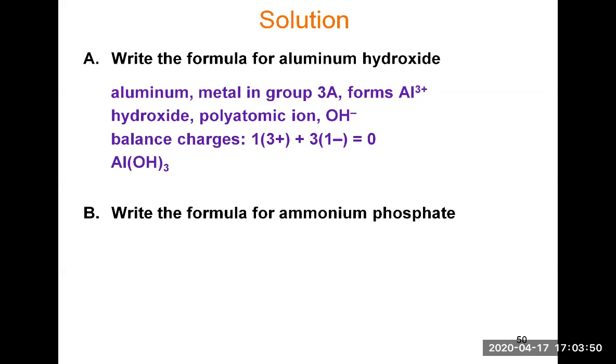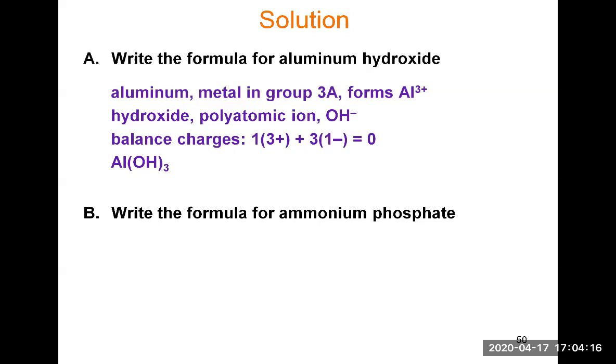You need parentheses here to show that there are 3 hydroxide ions for 1 aluminum ion. And we can verify that 1 aluminum ion carries 3 positive charges, and they will be cancelled by the 3 hydroxide ions because they each carry 1 negative charge. So that's the formula for aluminum hydroxide.